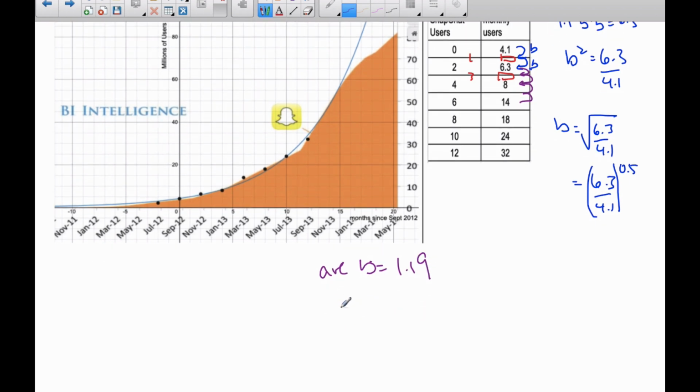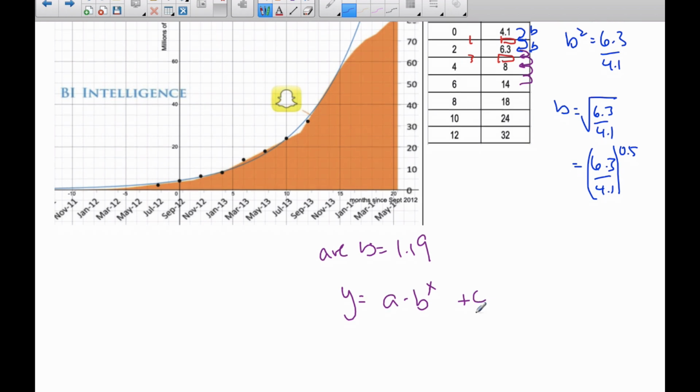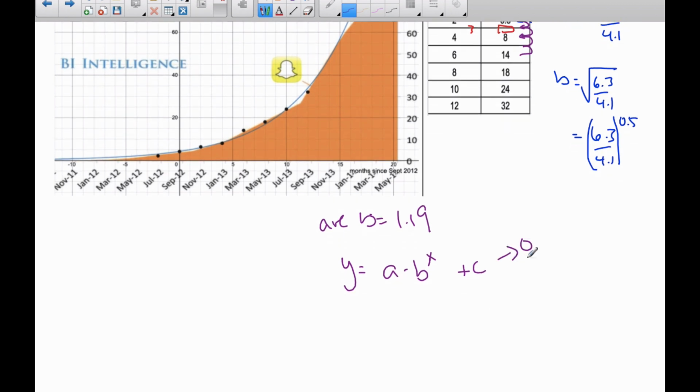And I remember that y is equal to a times b to the x, plus c. And I haven't talked about c yet, and c for this case is going to be 0 because it's the horizontal asymptote. And if I consider here, I know eventually there were no Snapchat users over here, and so I know it will never pass 0. So c is going to be 0. b I just calculated as 1.19.